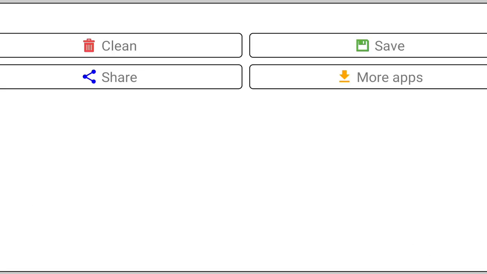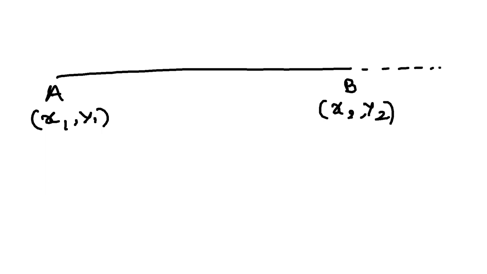Now there is another concept that is called external division. What happens over here? Imagine AB is a straight line and A has coordinates x1, y1 and B has coordinates x2, y2. Now if I extend AB, let's say there is a point P over here and this P divides the line AB in the ratio M is to N externally.